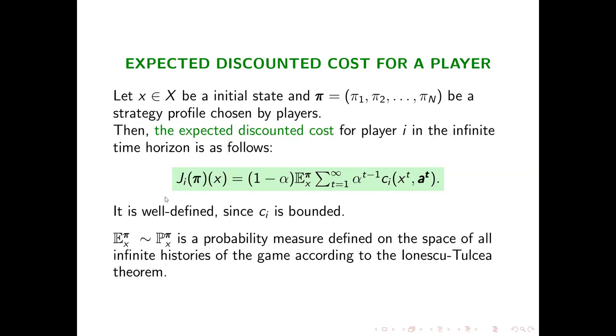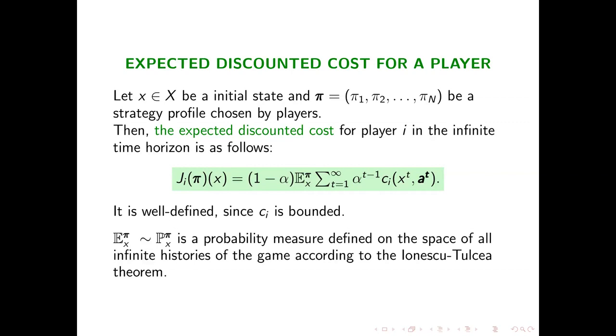This is well defined since the cost function is bounded for every player, and E is the expectation operator. E_x^pi is the expectation operator with respect to the unique probability measure P_x^pi, defined on the space of all infinite histories of the game, according to the Ionescu-Tulcza theorem.